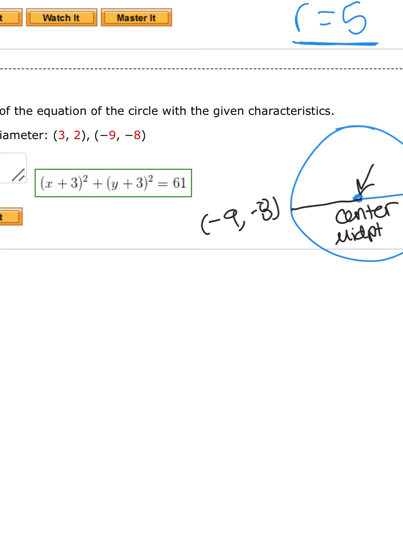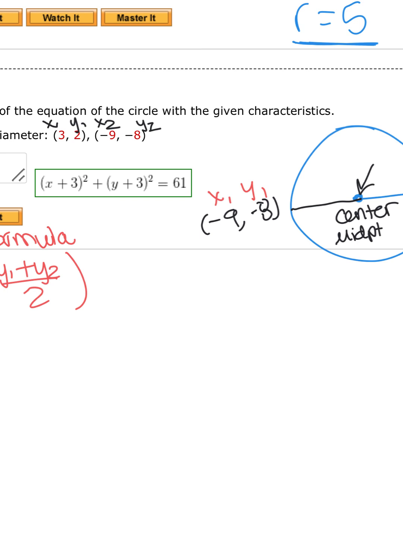And that's actually from a different section, right? So I'm going to have to use the midpoint formula to find that. The midpoint formula is (x1 plus x2 over 2, comma, y1 plus y2 over 2). And I'm just going to be plugging in x1, y1, x2, y2, right?